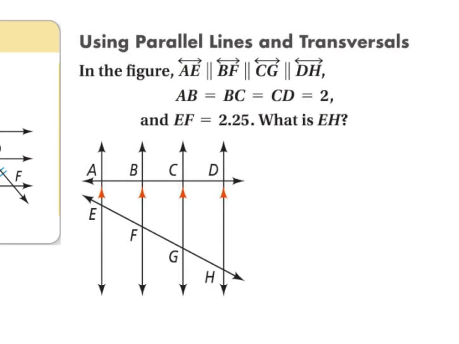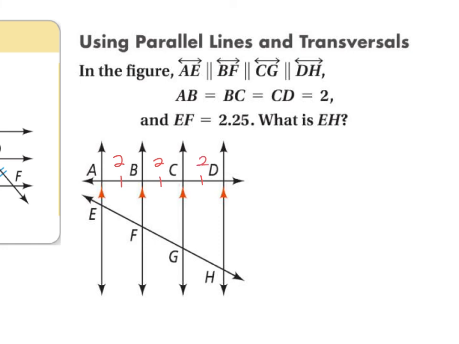Okay, in the figure, AE, BF, CG, and DH are all parallel. Okay, good. They mark those with the arrows. All right, the next line says AB is equal to BC, which is equal to CD, which is equal to 2. So that tells you that they're all congruent and they all equal 2.